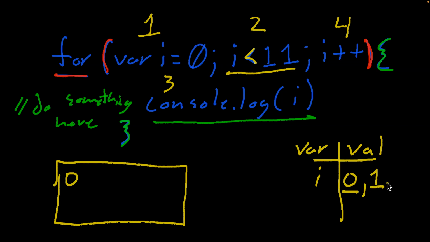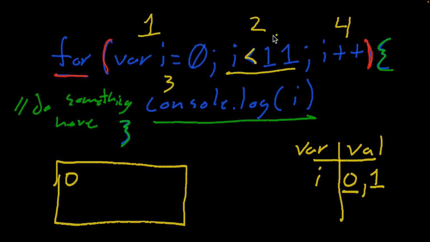By the way, what does plus plus mean? Anybody? Increase by 1. Right. i equals itself plus 1. Increase it by 1. Okay. So now that we've increased it by 1, we go back to step 2.